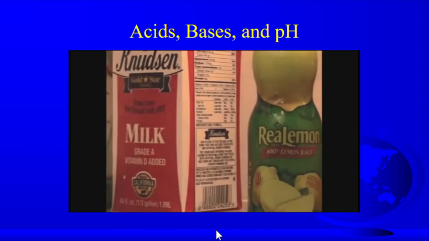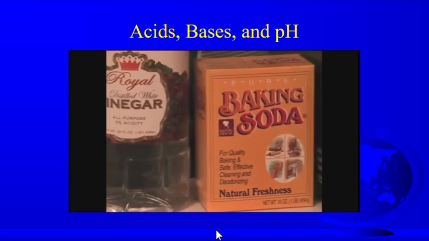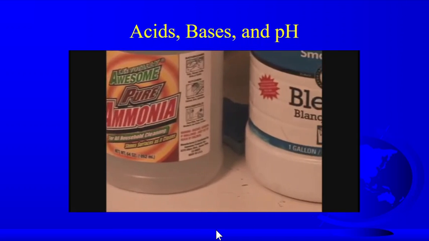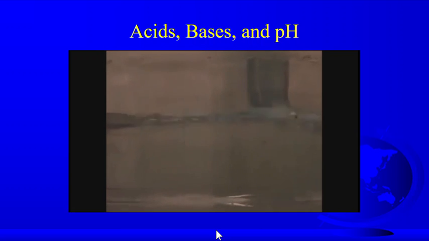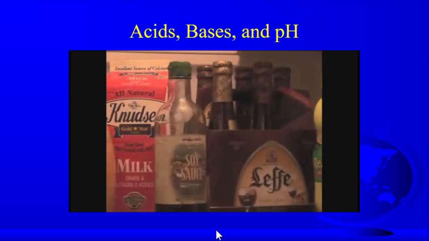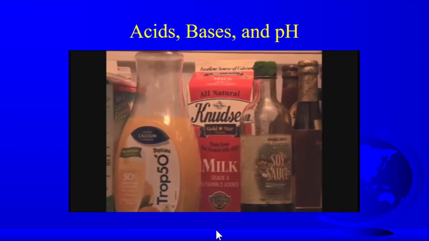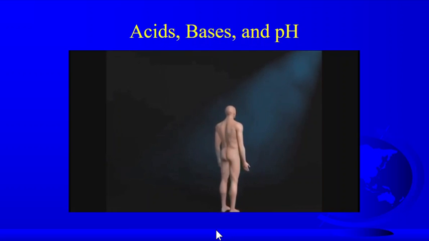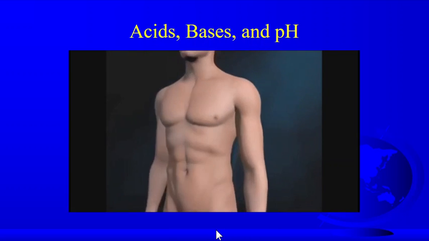Examples of acids include lemon juice and household vinegar, while baking soda, ammonia, and bleach are bases. In fact, with the exception of water, almost every liquid that we encounter in our daily lives consists of acidic or basic properties.